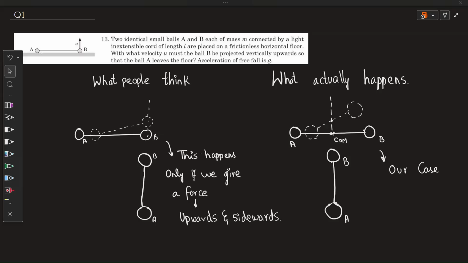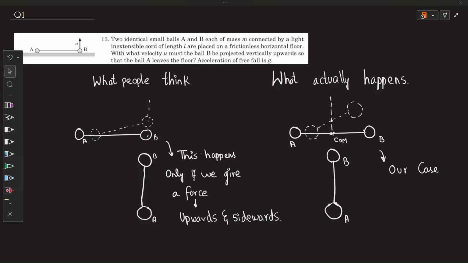So A and B are both balls connected by a light inextensible cord of length L. Now what we are doing is giving a vertical velocity u to the ball B. First, if you think about this scenario, the mistake people make is they imagine two balls and a variable force pulling ball B such that B moves with a constant velocity u.